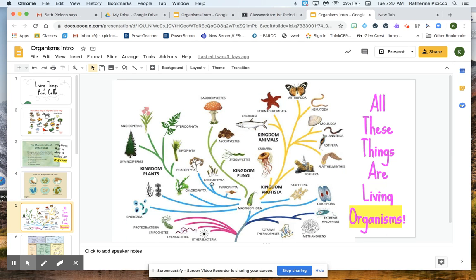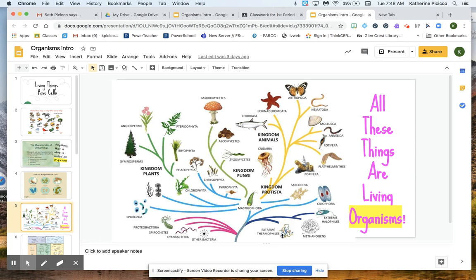And in fact, if we look at this tree of life here, you'll notice there are all these different colors, and we can see the animal kingdom, the plant kingdom. We can see protists here. We can see all sorts of different things like fungi. We can see just all sorts of different living things.